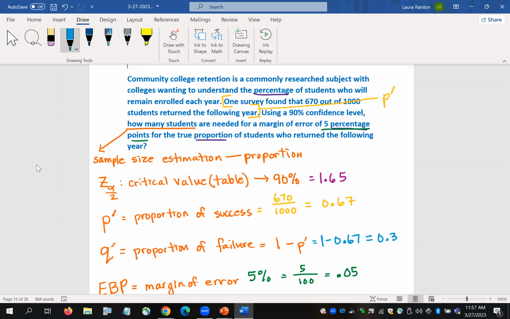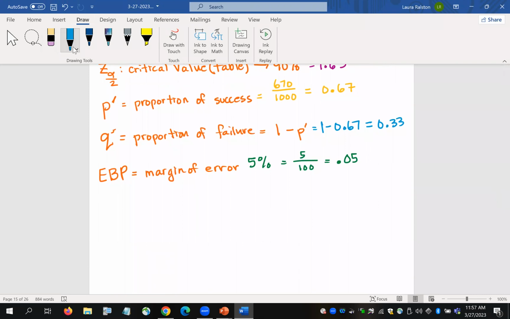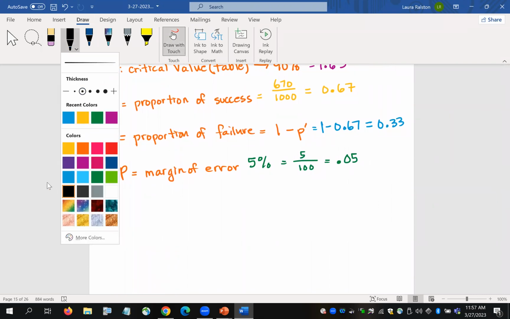So this problem is just a little bit different because it gives you that proportion of success. And if it's given, we use it. If it's not, we default to the 50%. Now I've got 3 minutes. So let me see if I can plug and chug into this lovely formula.